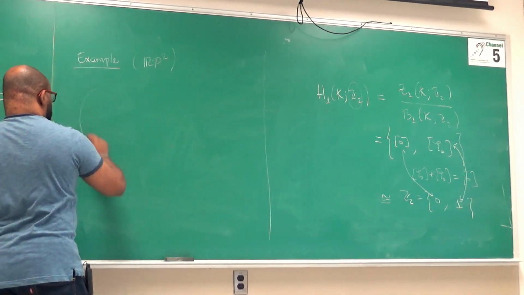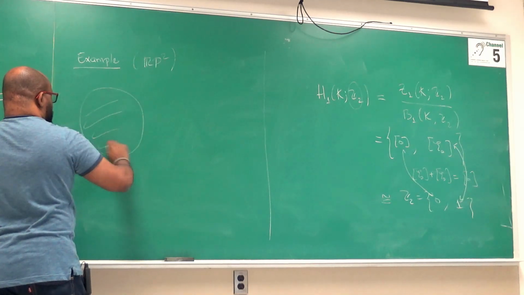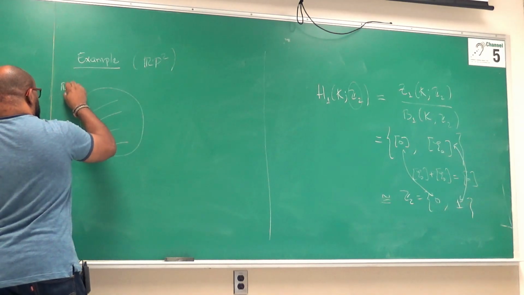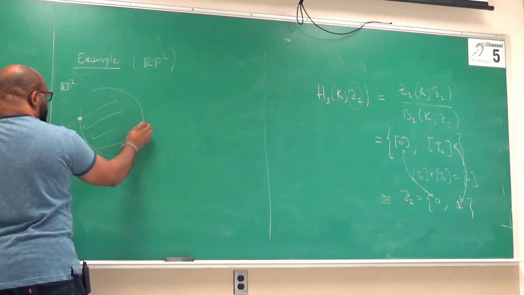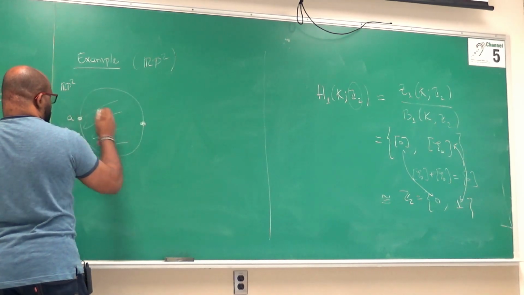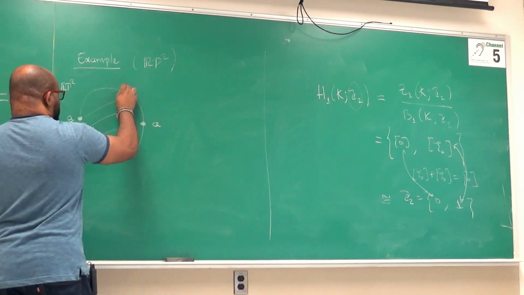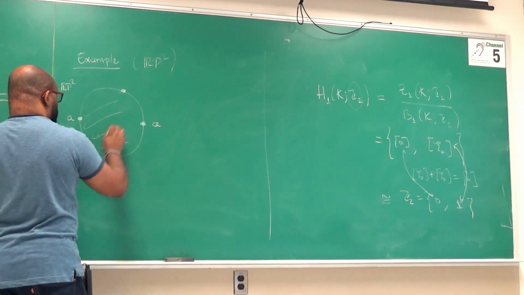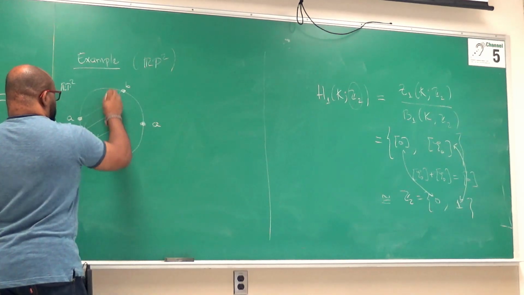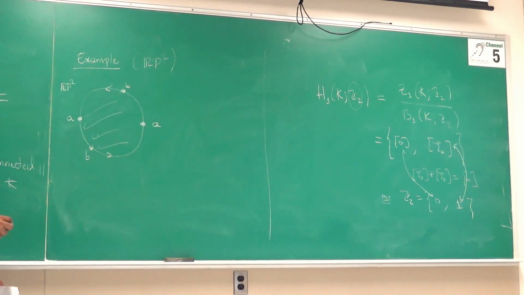So remember that one way to think about RP2 is as a disk where you take boundary points that are antipodally opposed and you identify them. So this side is the same as that side. Okay?